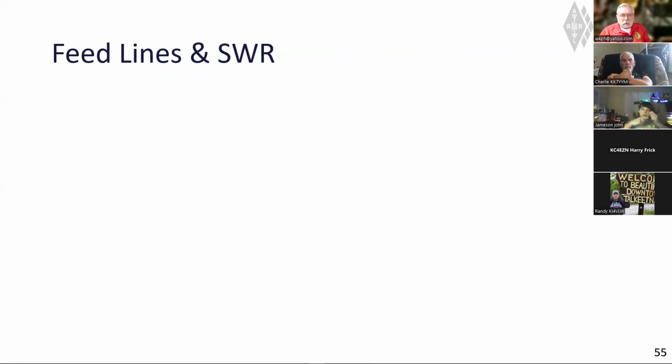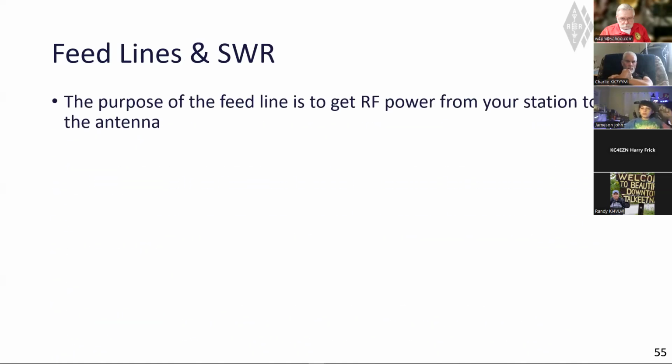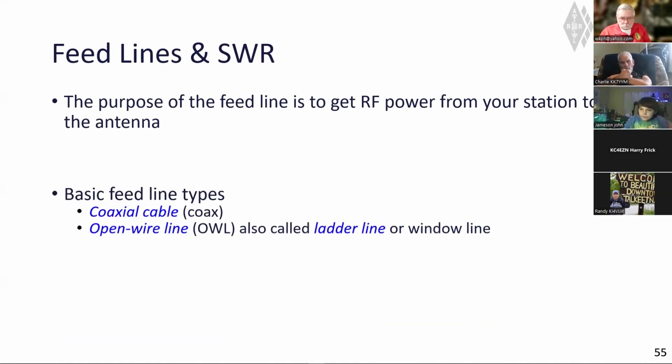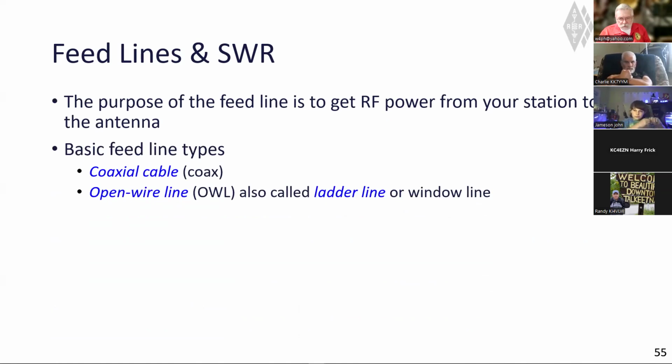Feed lines and SWR, which is standing wave ratio. The purpose of the feed line is to get RF power from your station to the antenna. Basic feed line types: coaxial cable and open wire line, sometimes called ladder line or window line.